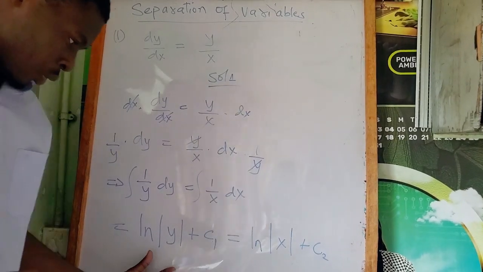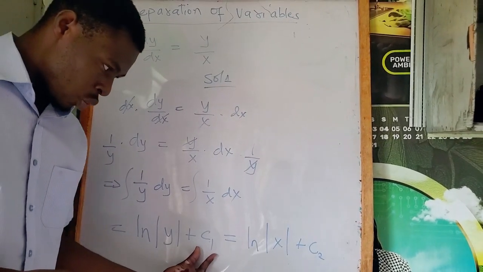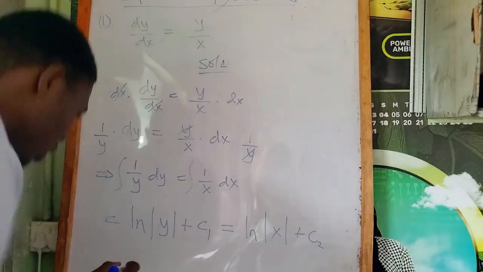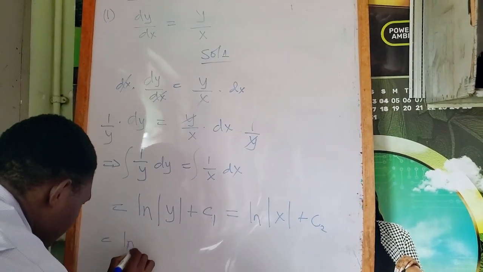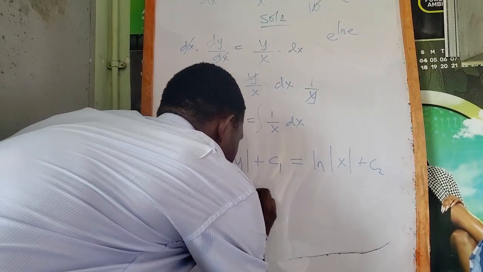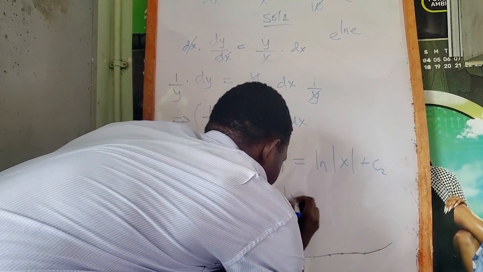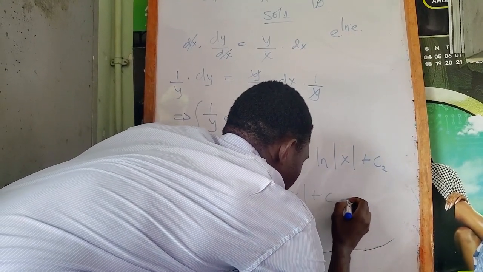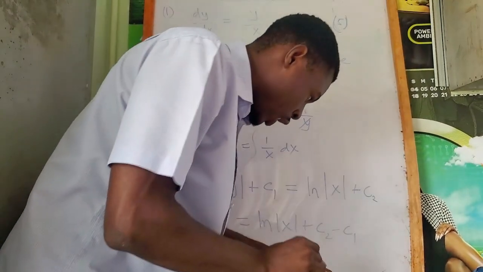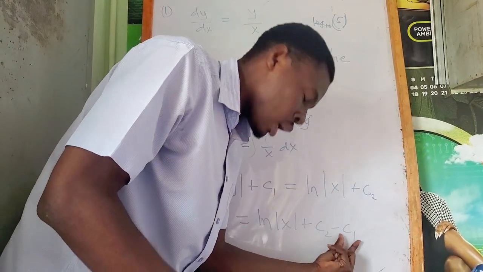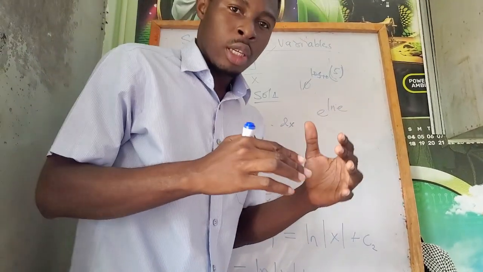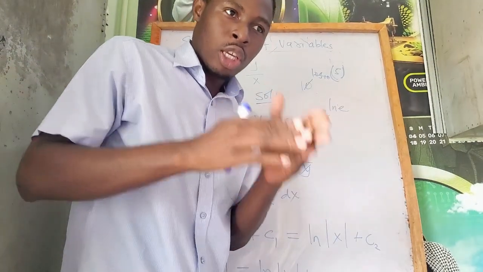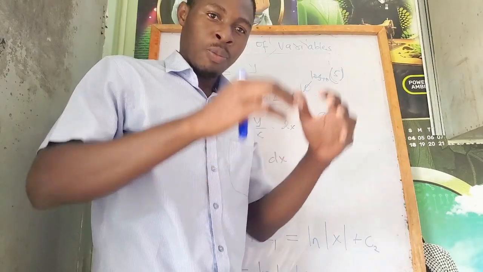Okay, now let's take c1 to this side. This will mean that ln of y will be equal to ln of x plus c2 minus c1. Now c2 and c1 are both constants, and a constant minus a constant will give you another constant.